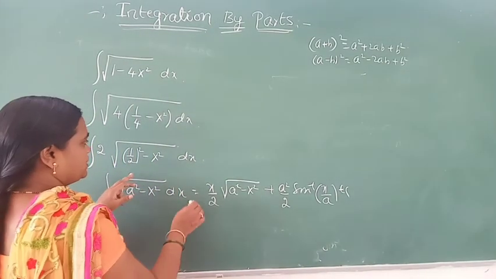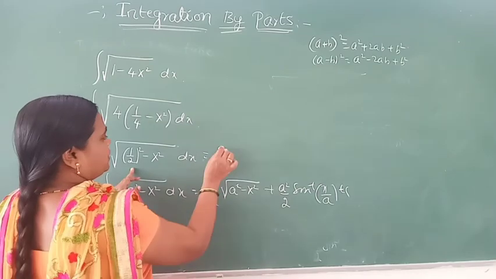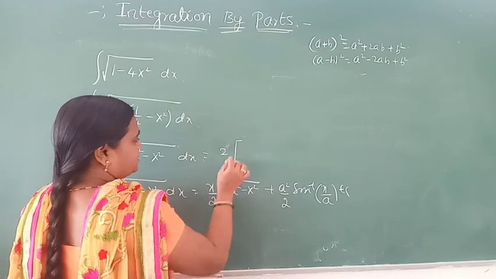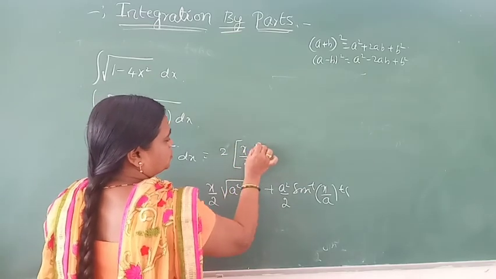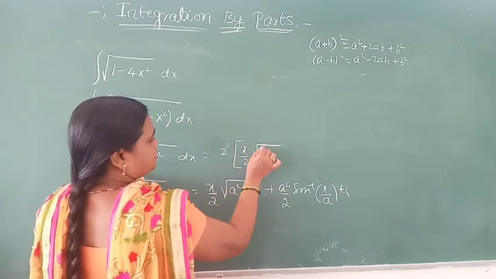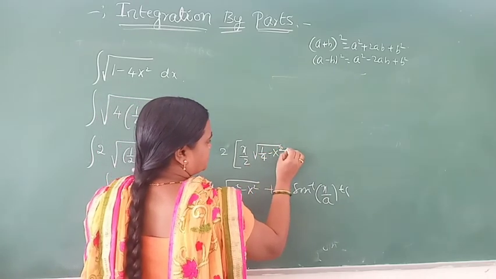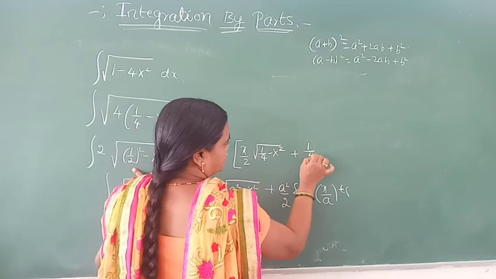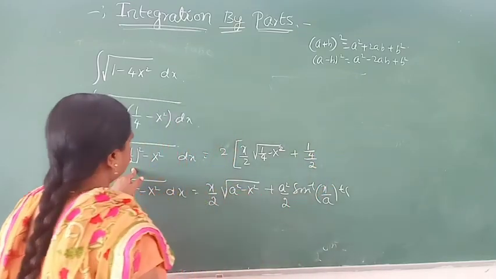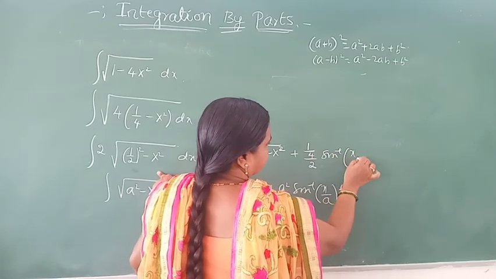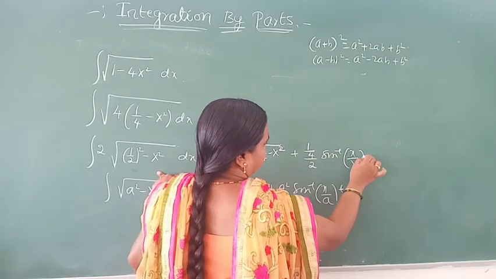Taking 2 outside, the formula is x by 2 root of a square minus x square. A square is 1 by 4 minus x square, plus a square by 2, that is 1 by 4 by 2 sin inverse x by a, that is x by 1 by 2.